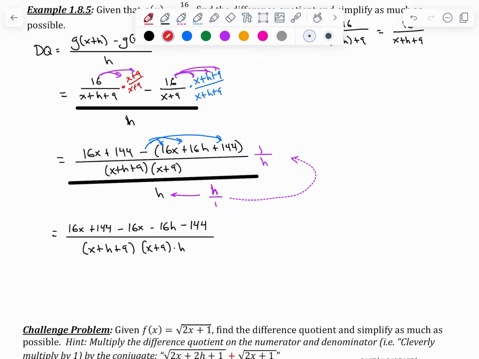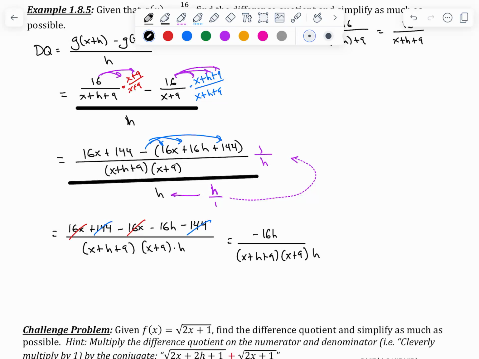And then, as we see, the 16x's cancel, the 144's cancel, and we're left with negative 16h, all divided by x plus h plus 9 times x plus 9 times h.